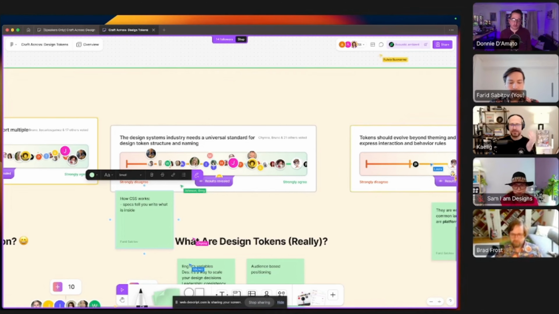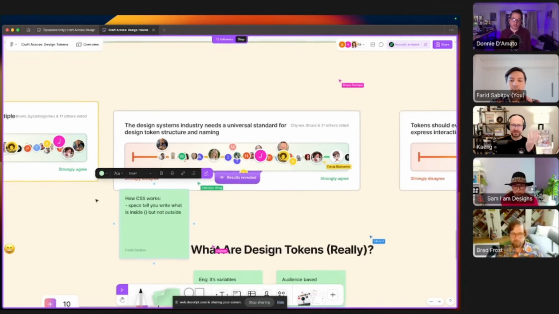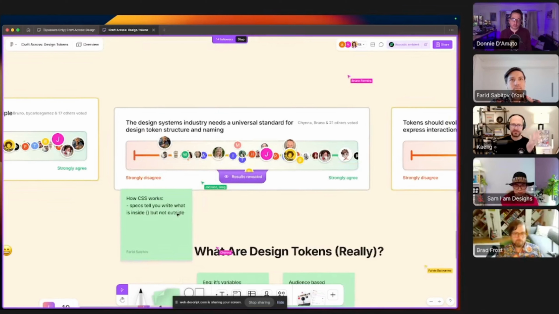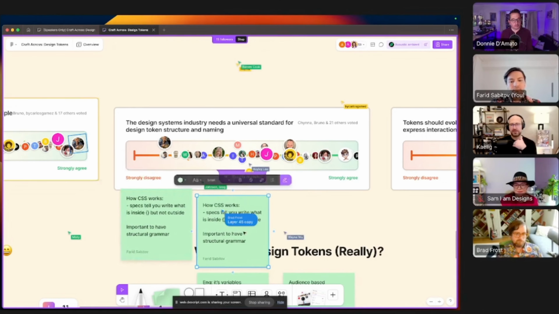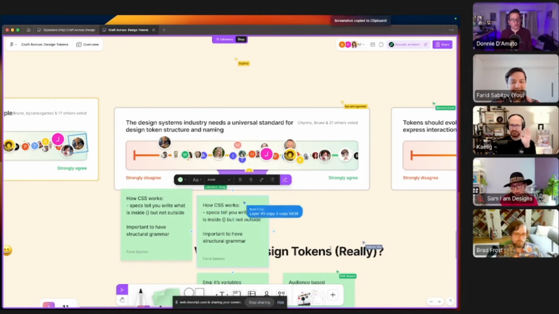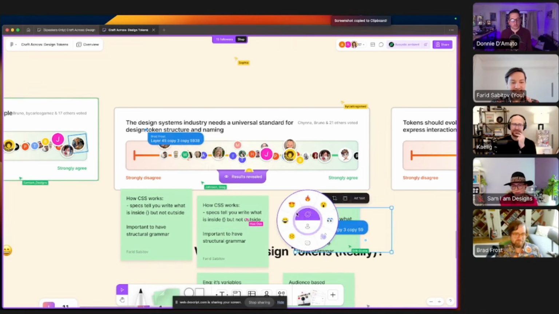And so in terms of naming, the way we've been thinking about the specification, there's so many ways of expressing people's design decisions that it's good to have a structural grammar to how things might be shared across platforms and tools. But that said, we're not going to pretend that we're going to tell exactly how people should name their tokens. And so when it comes to naming, I think de facto standardization is going to happen, but the specification that we're working on is letting you make those decisions.